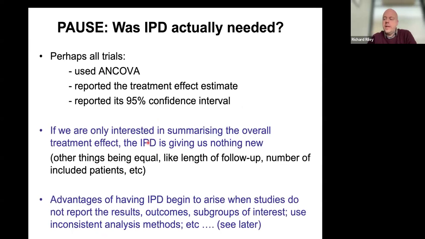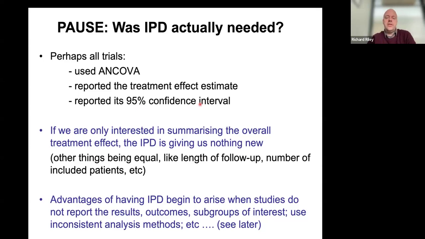But let's pause for a minute. Was IPD actually needed here? What if every single trial was of good quality and that they used analysis of covariance? That they reported the treatment effect estimates in the paper with the variance or the 95% confidence interval?